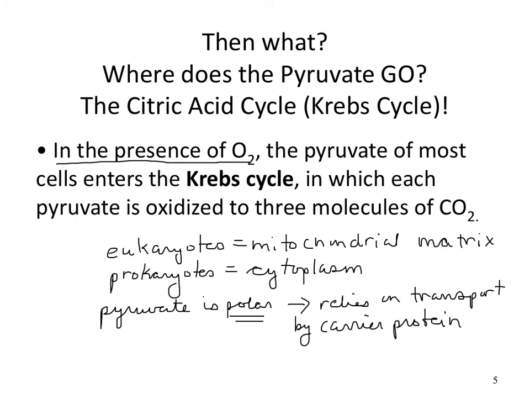It can't simply passively diffuse across both the outer and the inner mitochondrial membrane. As soon as it gets into the mitochondria, into the matrix, it will participate in something called the preparatory reactions, which we'll look at next. And after that, it will continue on to participate in the full Krebs cycle.